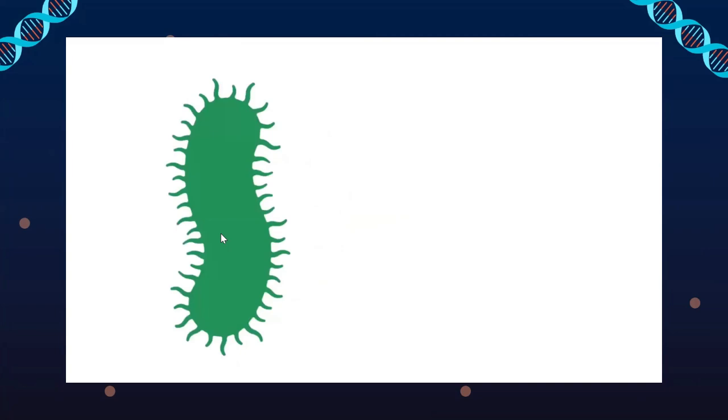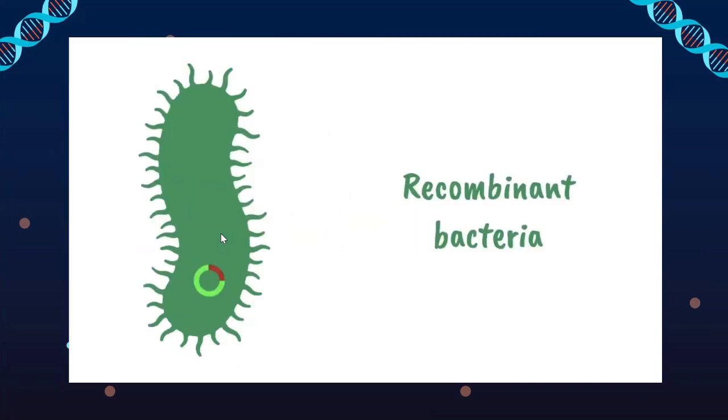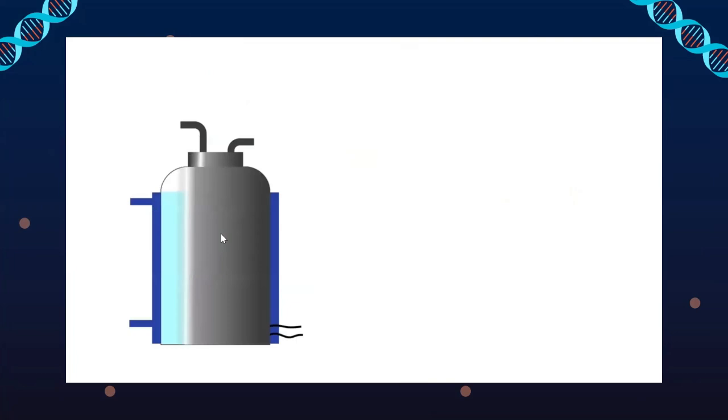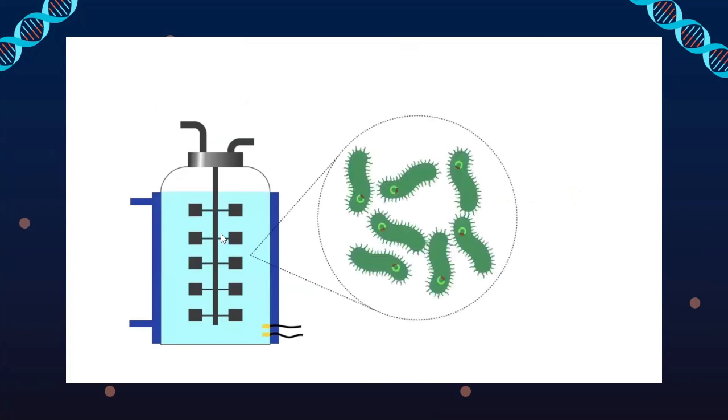Okay, so the recombinant plasmids are then inserted into the bacterial cells, and then magkakaroon na po tayo ng recombinant bacteria. Okay, so the final step now is to grow the bacteria in ideal conditions in a fermentation tank.